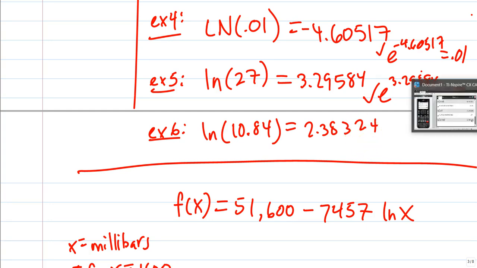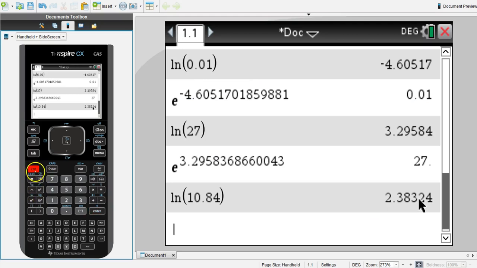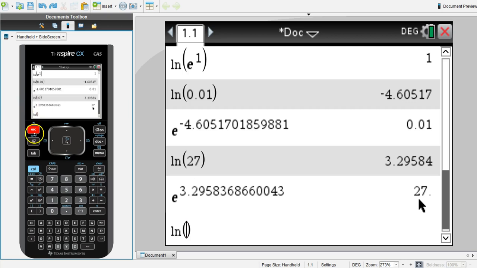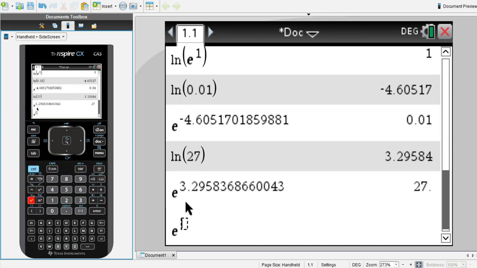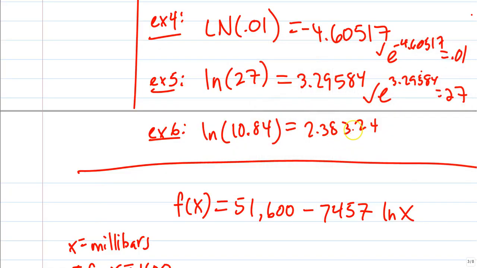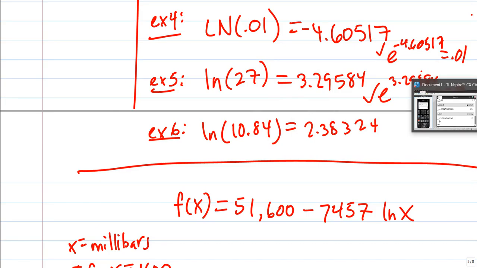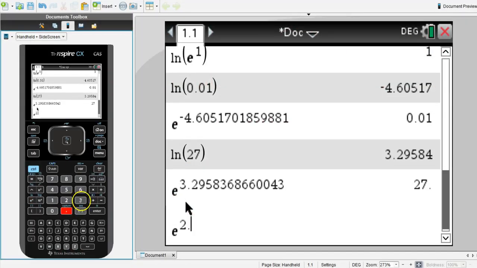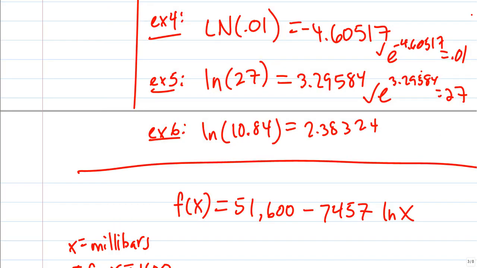And e to the 2.38324, and I know there's going to be some round off error here. Should be about 10.84. So hey, that's close enough to even round it off.